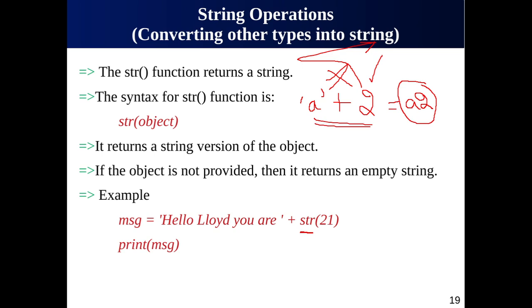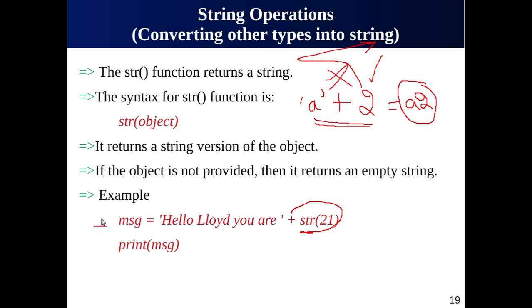The str function actually returns a string which is considered an informal or nicely printable representation of the given object. You provide an object to this function and it converts that object into a string. Or you can say it actually returns the string version of the object. If the object is not provided, it will actually return an empty string. But that is something more technical. We will not go into the details.